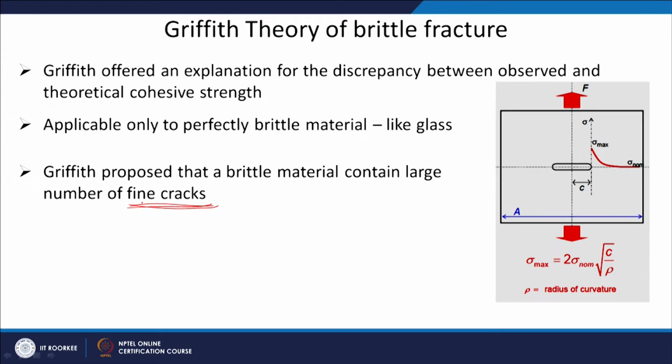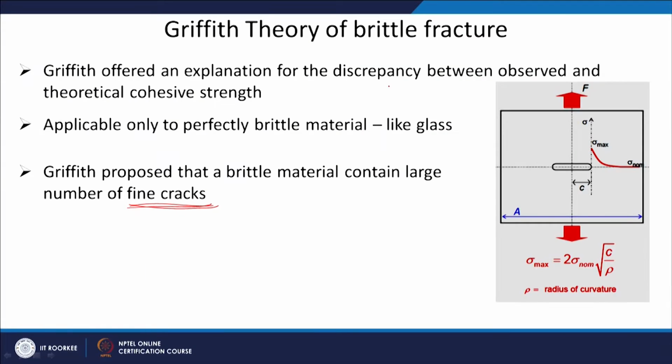So, it was first proposed by Griffith, and he proposed it for brittle materials, because the fracture process is very easy to understand in brittle materials, as there is no plastic deformation. Only the separation between the two materials happens through breaking of the bonds.